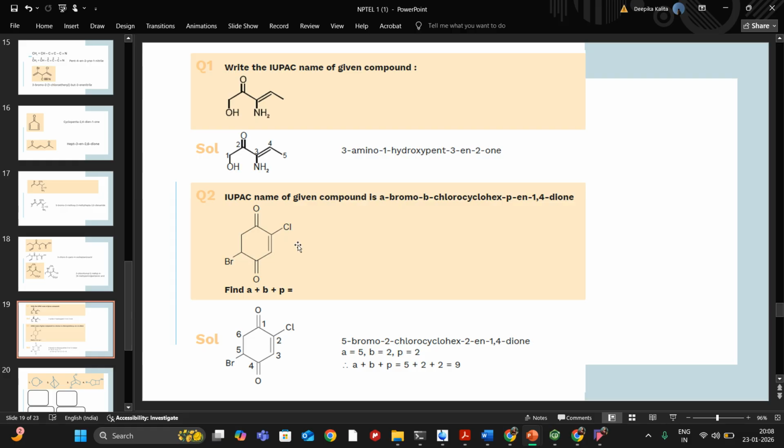Hence you will start the naming from here, and it will get a 5-bromo, 2-chloro, cyclohex-2-ene-1,4-dione. You have to mention the position of the carbon-carbon double bond as well.